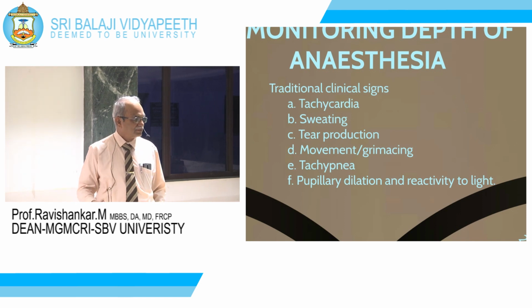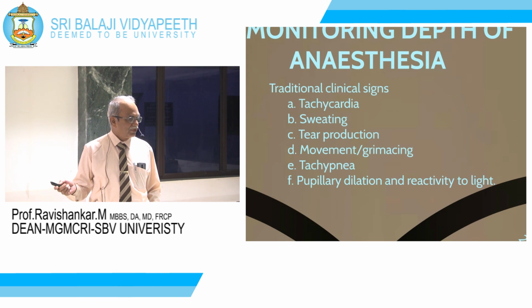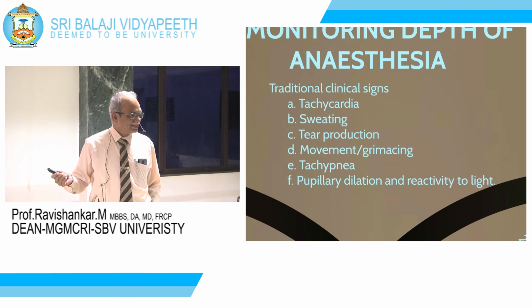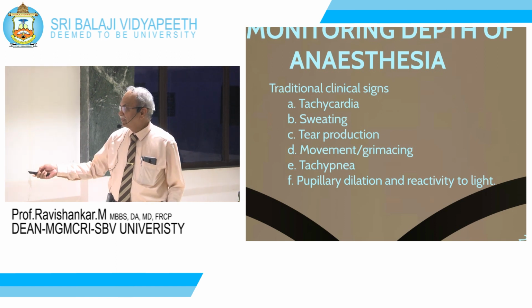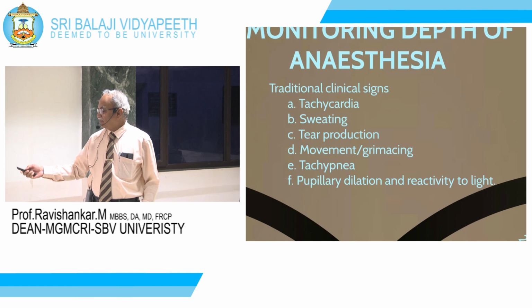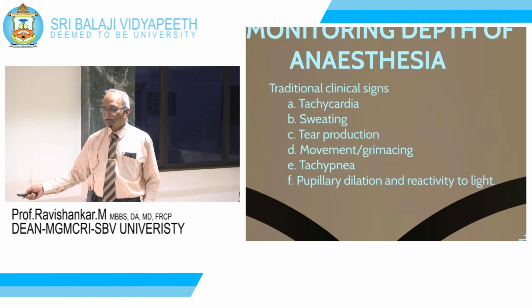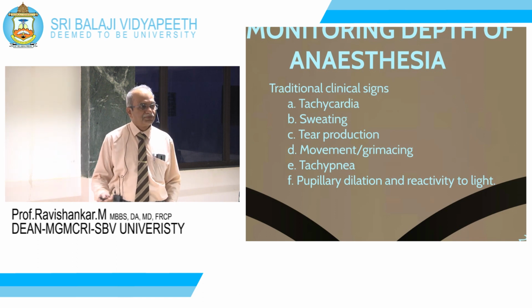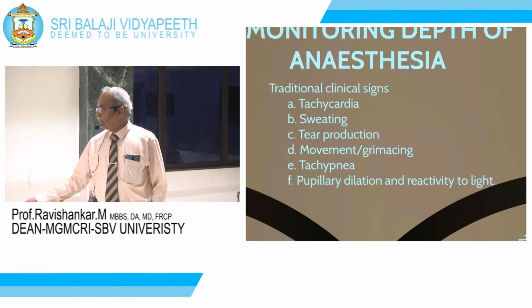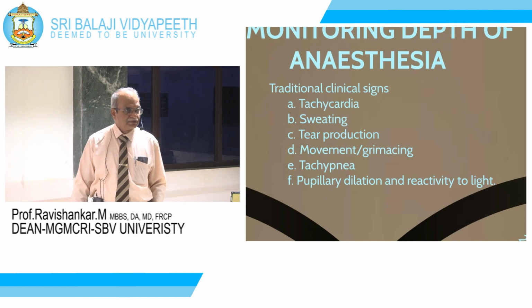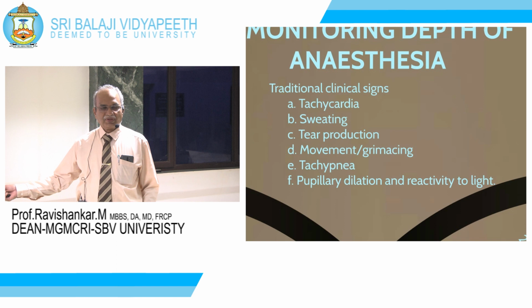Any of you have seen it under anesthesia? What did you think at the time? Why is the patient crying? Yes, you would have seen this. Movement and grimacing you might have seen. Tachypnea, if the patient is breathing spontaneously, you might see that. Then how many of you have looked for pupillary dilatation and reactivity to light? Nobody would have looked for that.